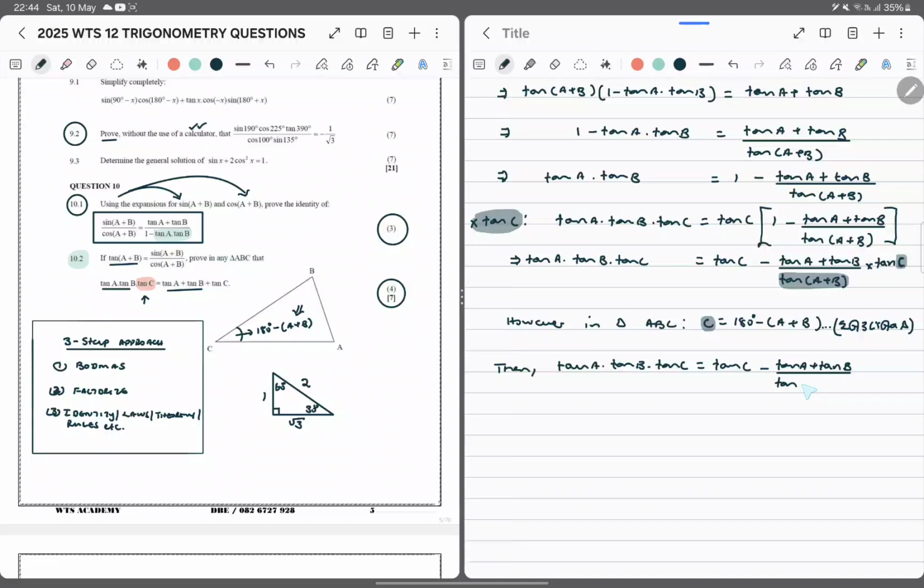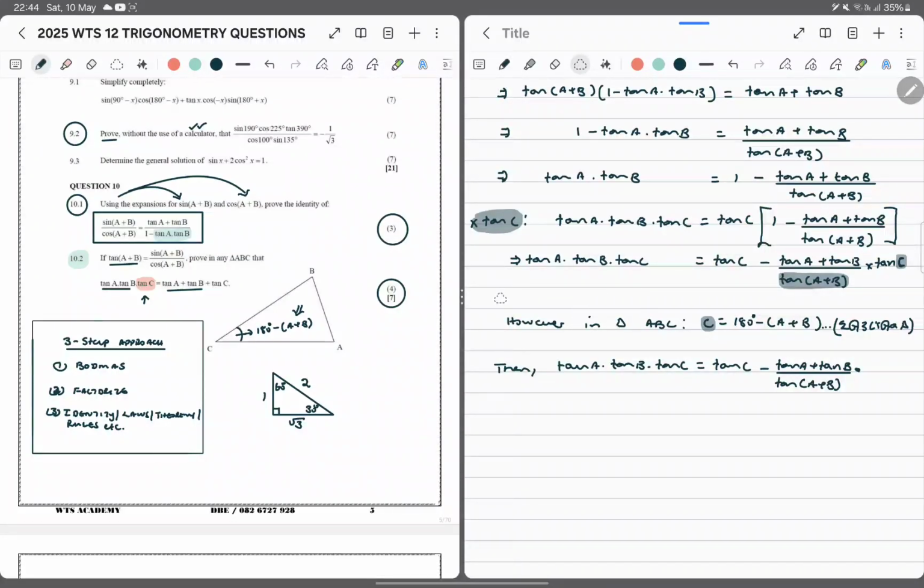10 A plus B times. Now, what are we going to say? We're going to say tan C is tan this angle here. Okay, I'm forced to drift, guys.